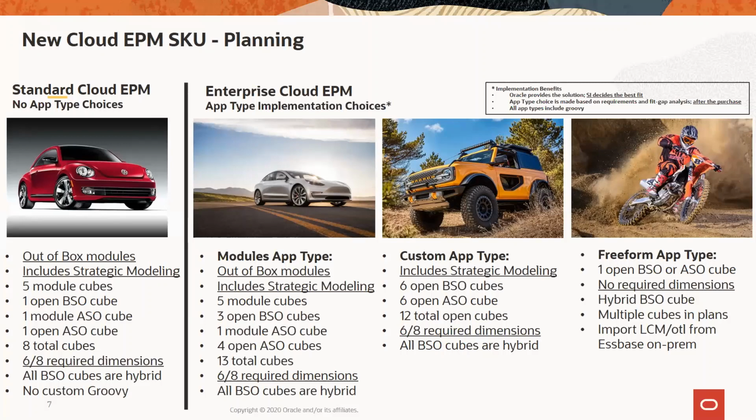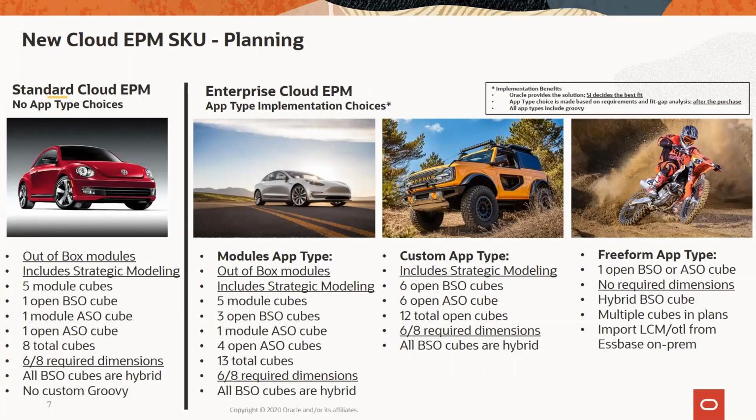If you think about Standard, it's basically out of the box, where you're really tuned towards a single application construct. You want Oracle to deliver most of what you need. You are leveraging most of what Oracle delivers, and you are doing fairly little customization around the edges, but most of it you want to be up and running fast, and you think the out-of-the-box modules make sense for you.